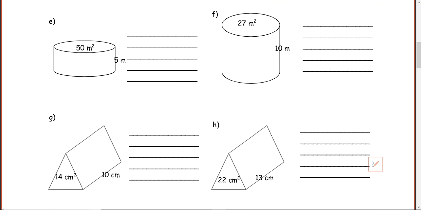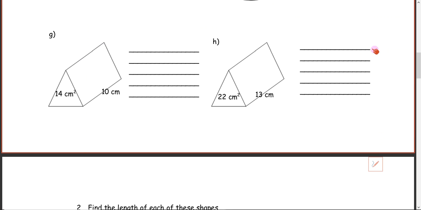These ones, they're just cylinders, but this time the other way up, just to show you. So the cross-sectional area is still given to you. Okay? So this one is 50 times 5, so that's the cubic meters. This one would be 27 times 10, which is 270 cubic meters. The triangles, again, there's no real difference there.